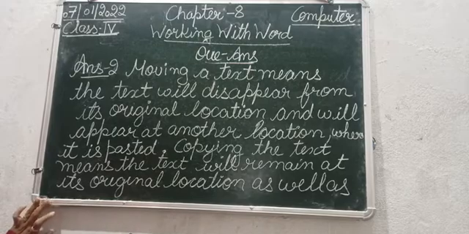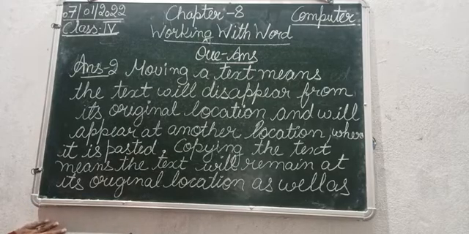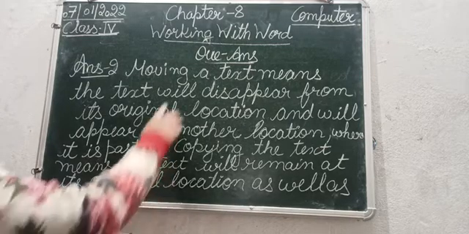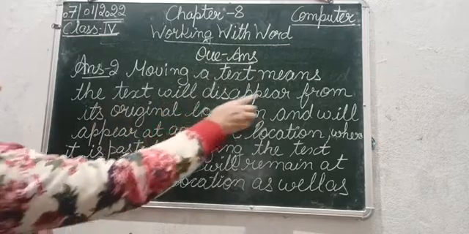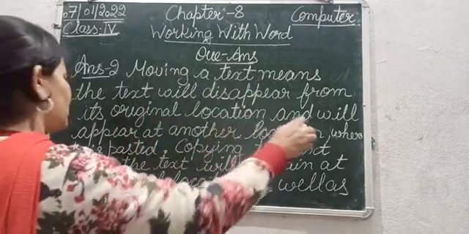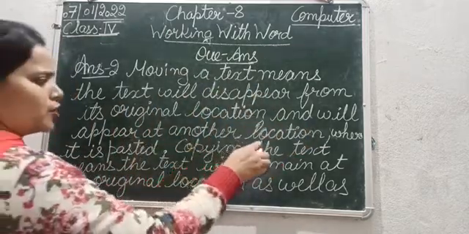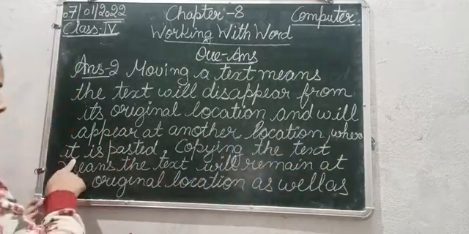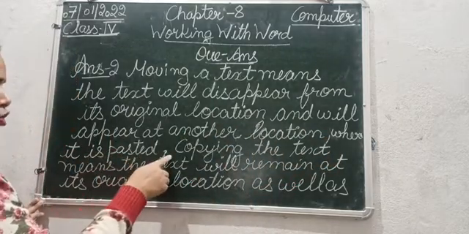First of all, this question number 2 is a little bit big, so just write it down. Moving the text means the text will disappear from its original location and will appear at another location where it is pasted, full stop.